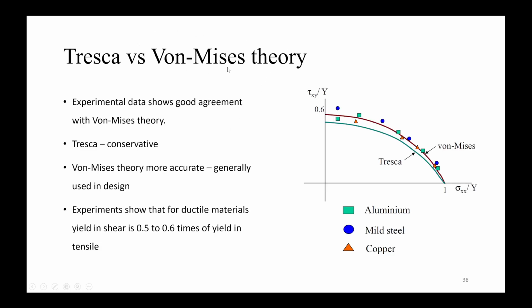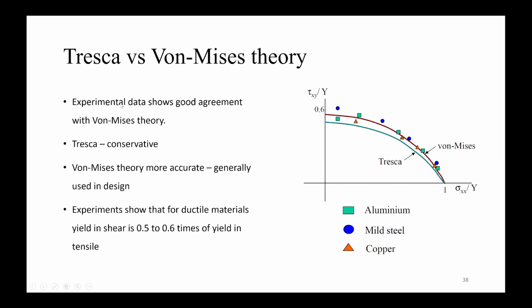And in the Tresca and von Mises theories, we see that for aluminium, mild steel and copper, these ductile materials show more agreement to the von Mises theory compared to Tresca theory.